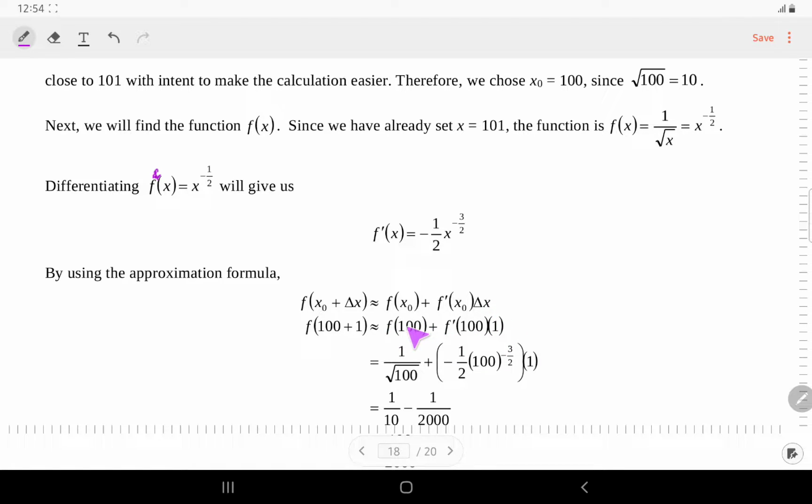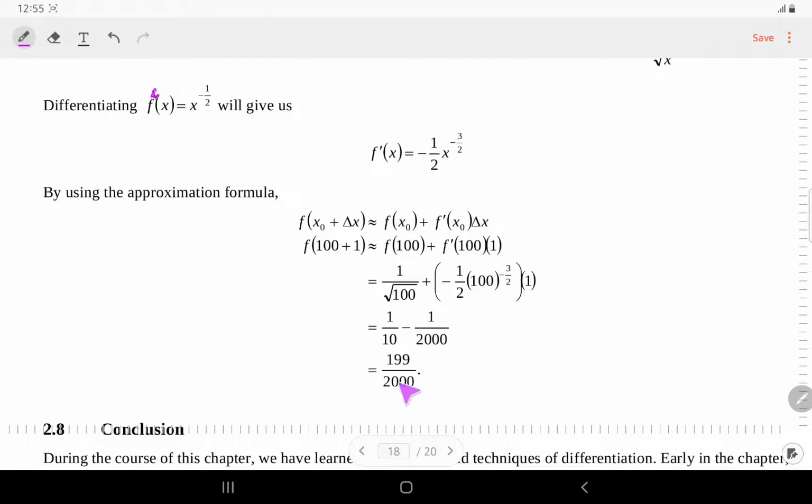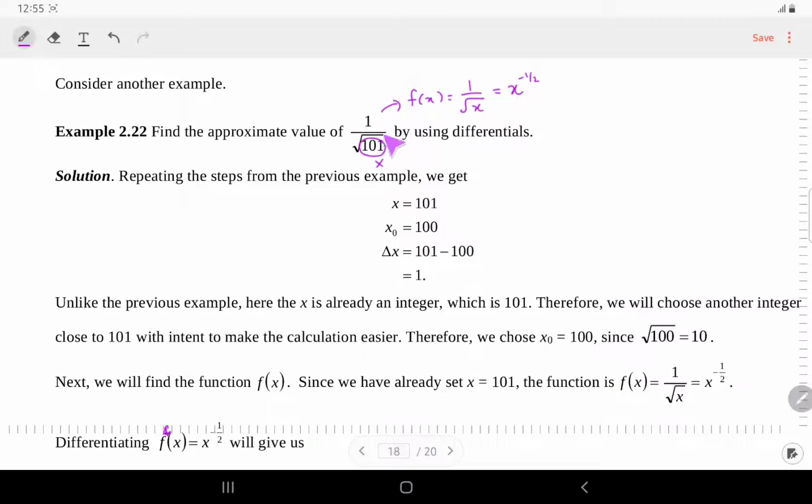F(100) means that we need to substitute 100 into the function f. And f prime 100 means we need to substitute 100 into f prime x, and then multiply with 1. So just use your calculator and you'll get this value. This is the approximation of 1 divided by square root 101.